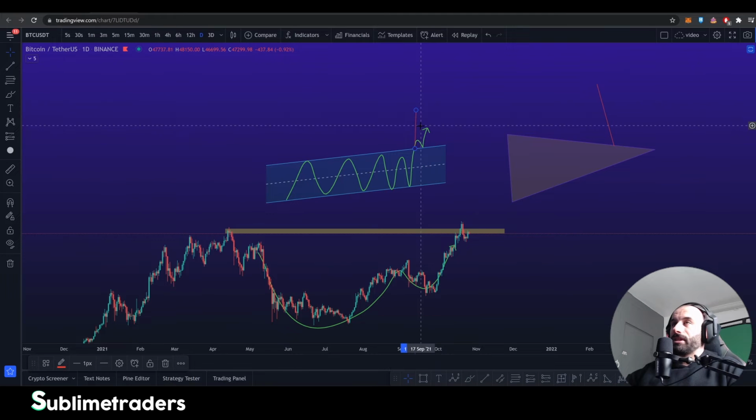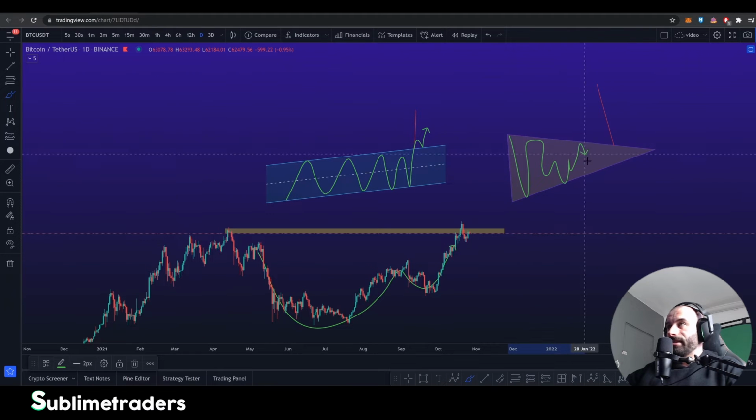So this is a projected price range, a price target for this formation. For the triangle, let's say it would be a drop followed by a big wick, something like this, retests.